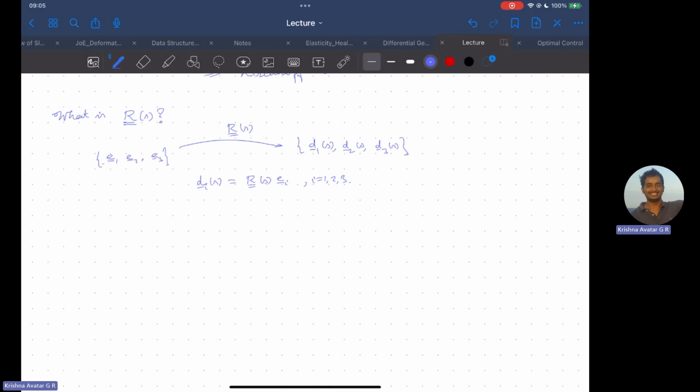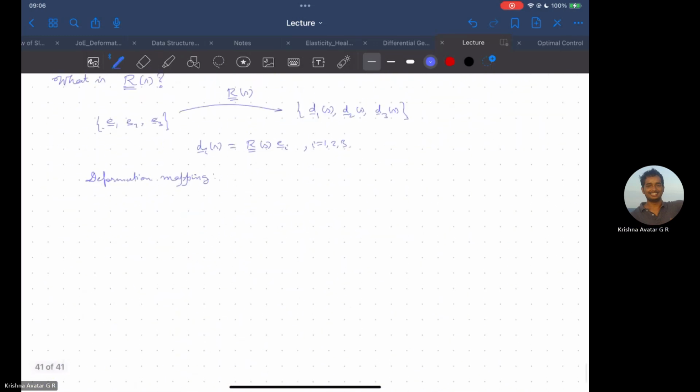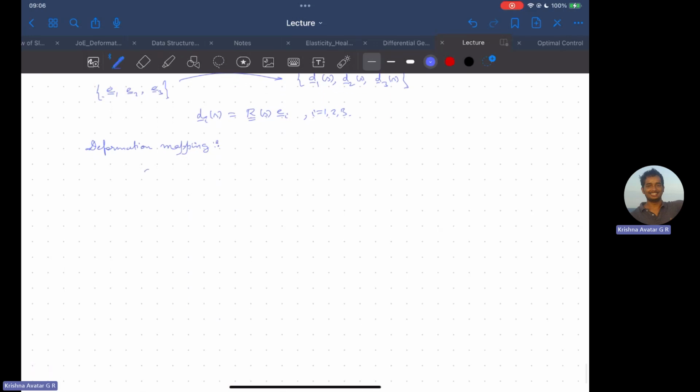As we recall, the deformation mapping gives x vector of x1, x2, and s equal to r vector of s plus x alpha d alpha of s, where alpha is equal to 1 to 2.